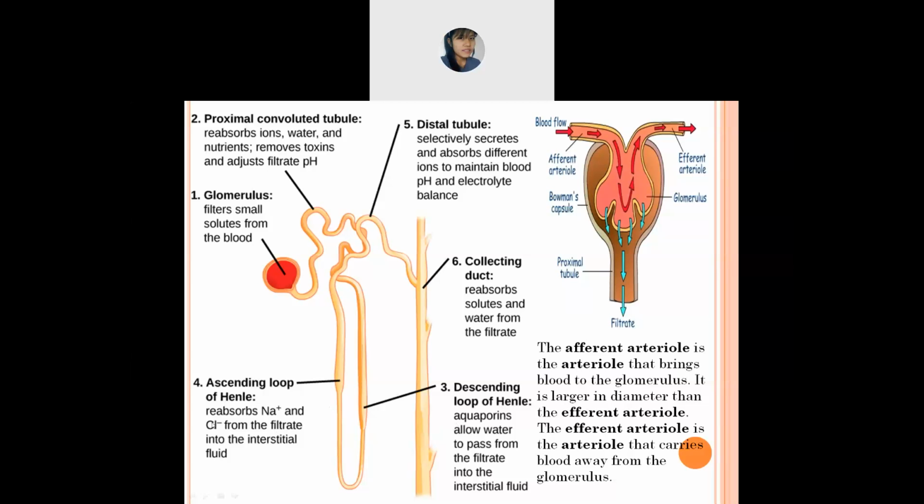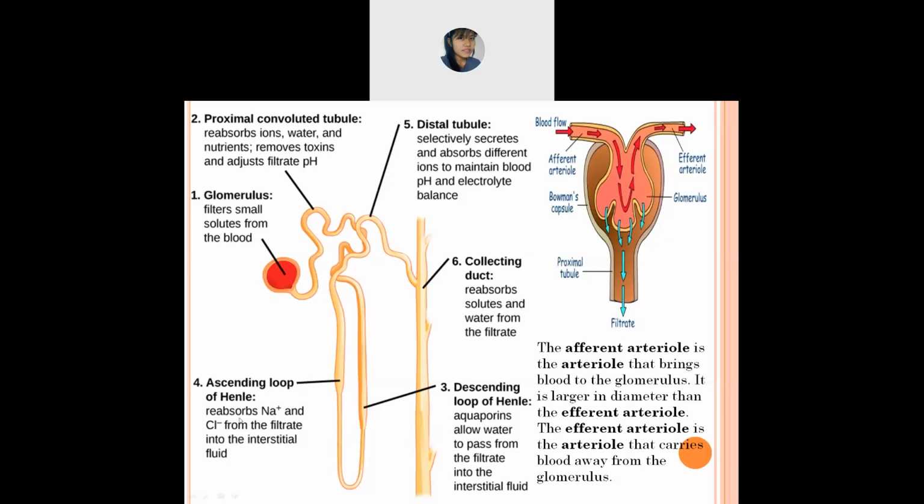And you will find here special ion channels that pump out the ions, known as NaCl, that is sodium chloride. So for this also the deeper part is salty. In the ascending loop of Henle you will find that there is reabsorption. Remember, filtration then reabsorption.